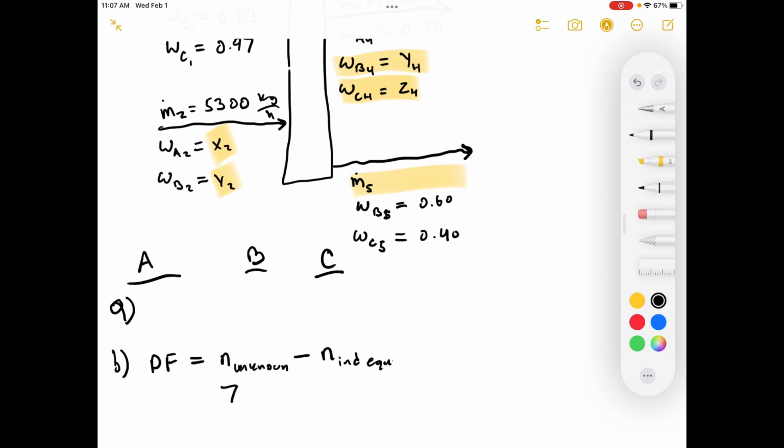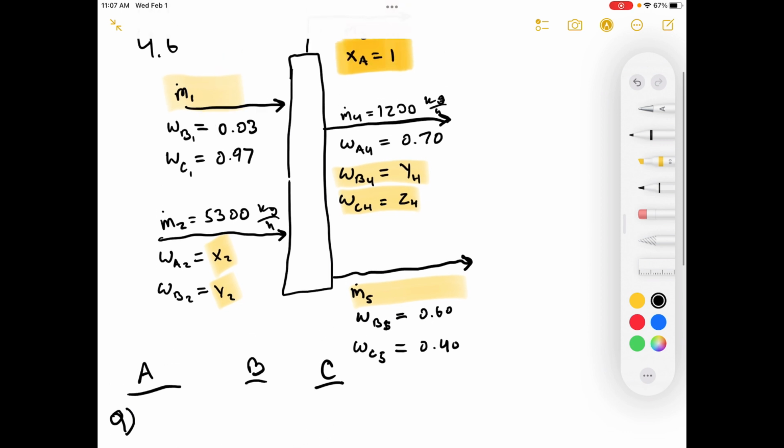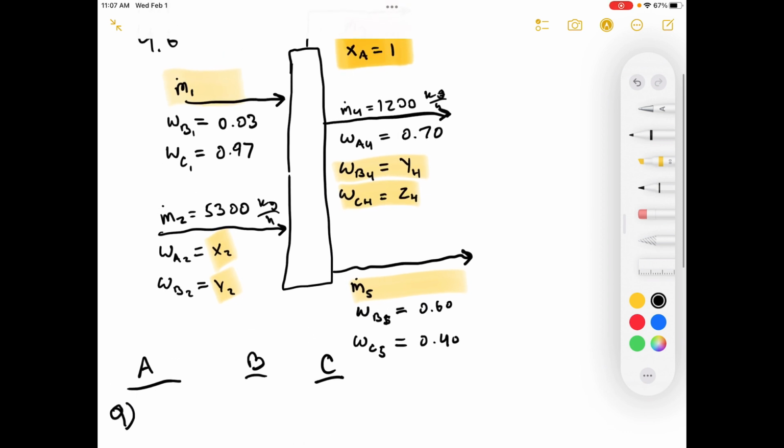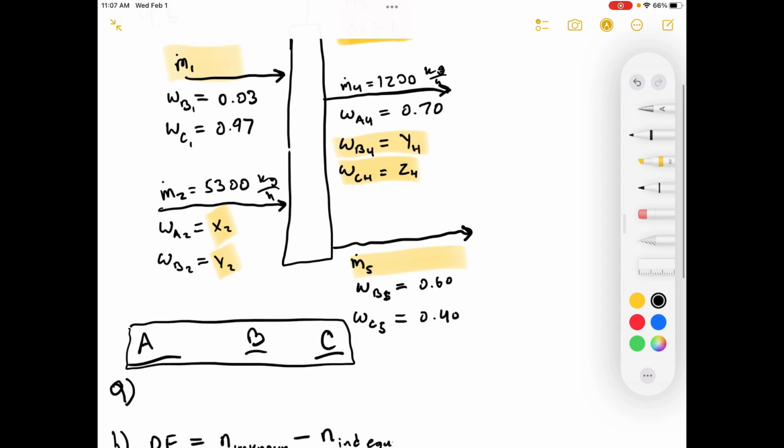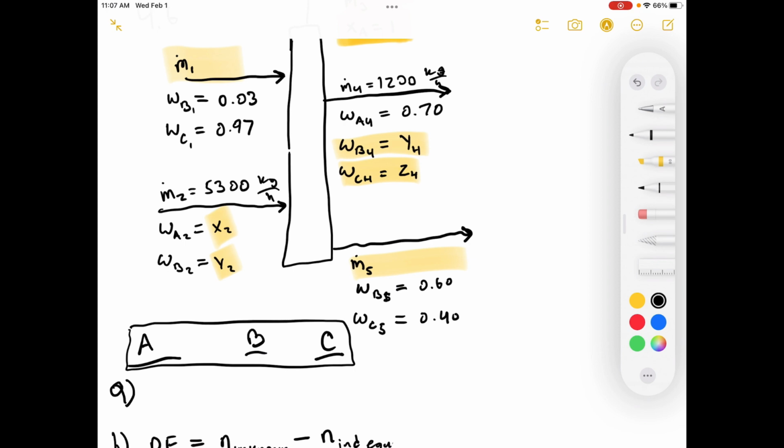And how many independent equations do we have? Well, we have 3 mass balance equations that we can do that are independent. And then we have another balance here where WA plus WB has to equal 1. The same thing here: WA plus WB plus WC has to equal 1.